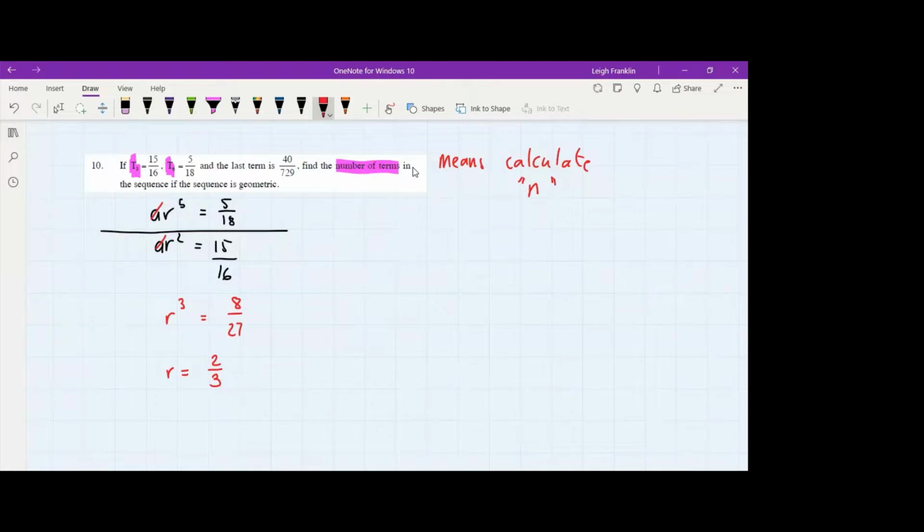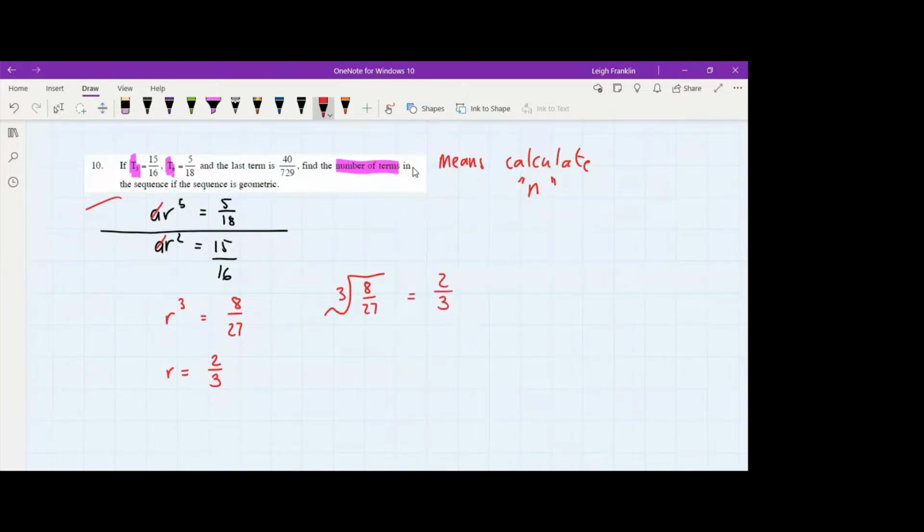Ma'am, you kind of lost me. No problem. How did I lose you? Where did the 2 over 3 come from? Okay, so you're going to take the cube root, not the square root, the cube root. On your calculator, you were doing this, and that will give you 2 over 3.